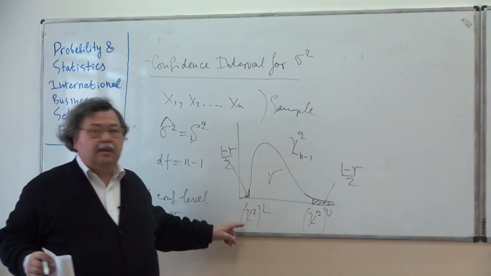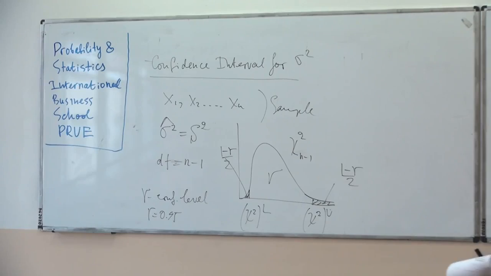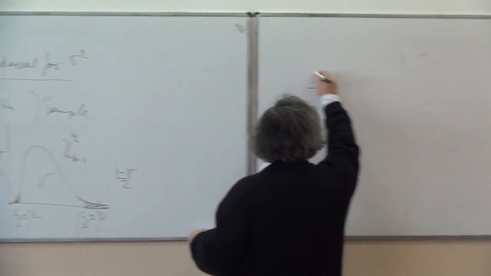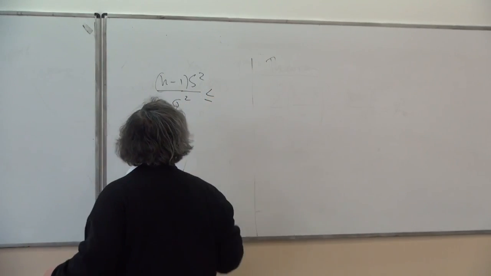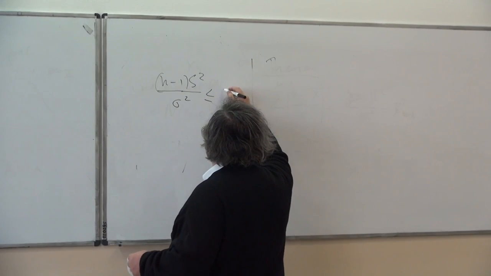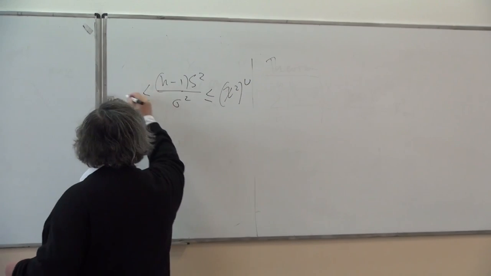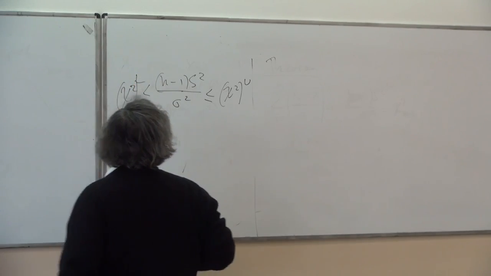Well, it gives us two values for chi squared, lower and upper. In terms of chi-squared, (n minus 1) s squared divided by sigma squared must be less than or equal to upper and greater than or equal to lower.